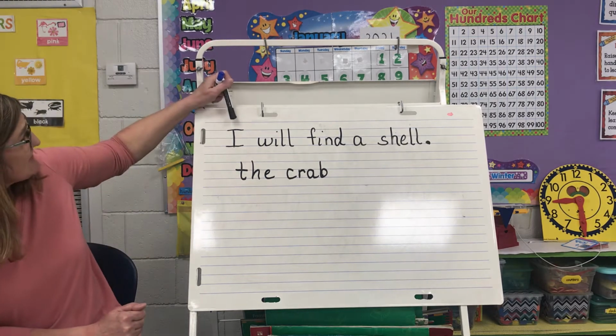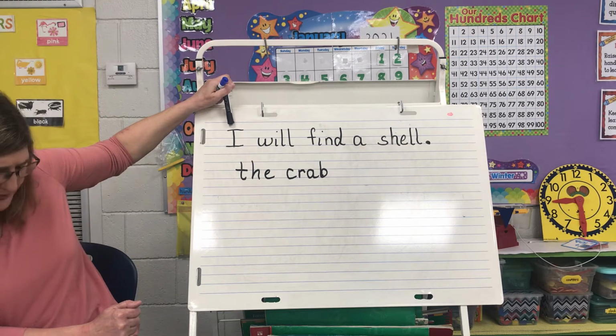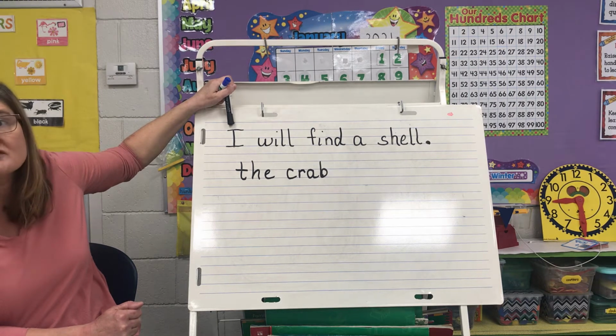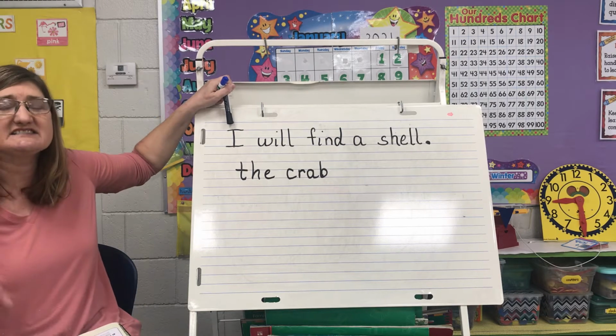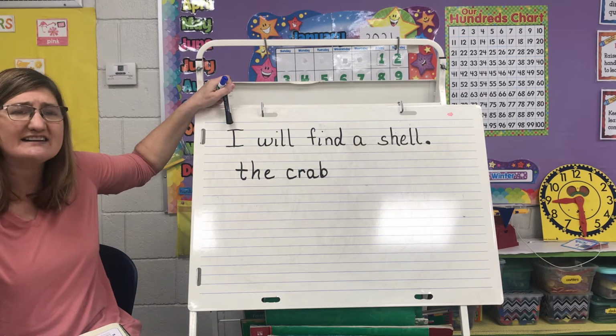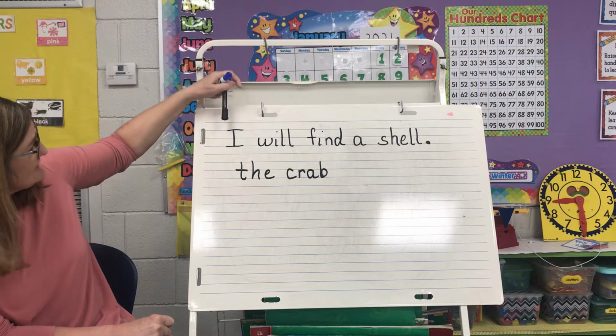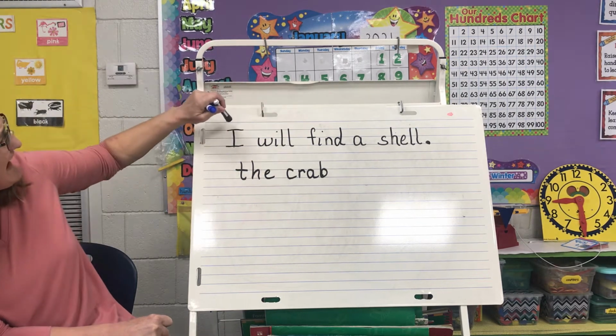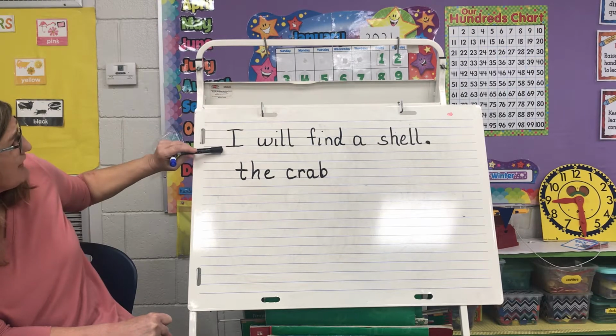If I look at this first group of words, I see that it has two parts to it. And we've learned that a sentence has two parts. It has a naming part and an action part. And when I look here, "I will find a shell," "I" is the naming part.